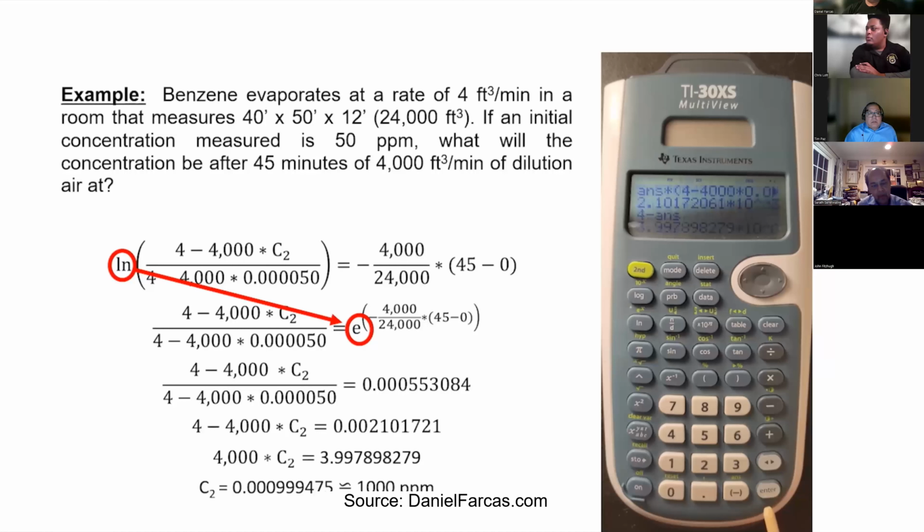And the result is approximately 0.002101721. Now we'll take the 4 from the left side of the equation and move it to the right side. In the end, the final concentration is approximately 1,000 parts per million, which is twice the immediately dangerous to life and health limit.